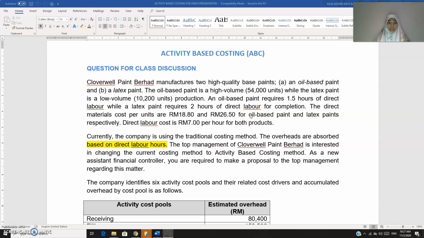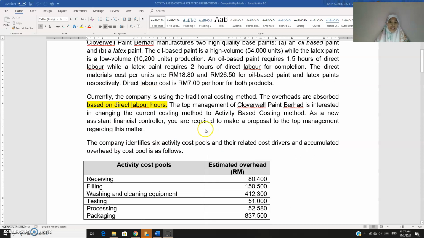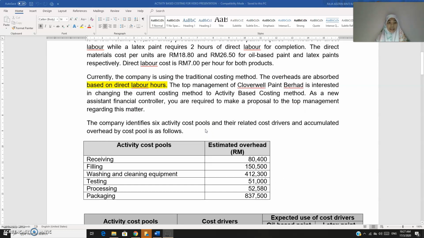You are also being given the information about the material costs, which are 18.8 and 26.5 for both of these products, and the direct labor cost per hour for both products. Currently, the company is using the traditional costing method, and they intend to change to the activity-based costing technique.